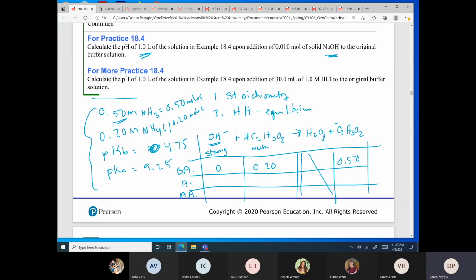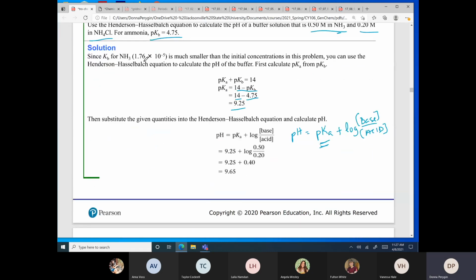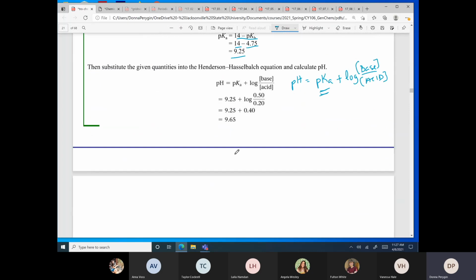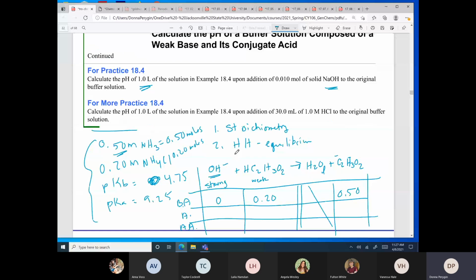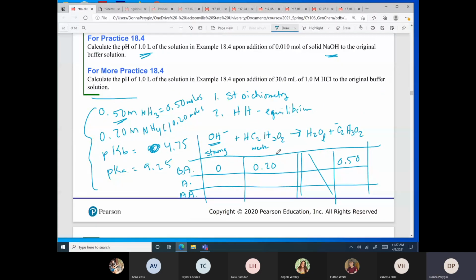Well, wait a minute. This is the solution in the 18.4 original buffer solution. Wait a minute, what? This is ammonia and ammonium chloride. But in my notes, I don't know why I got acetic acid here, but that's what the notes have.